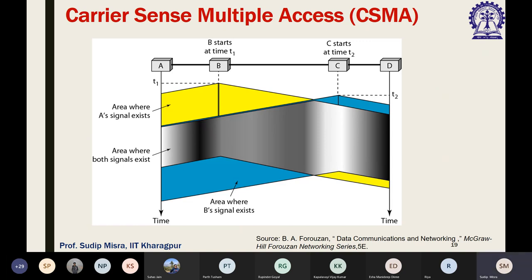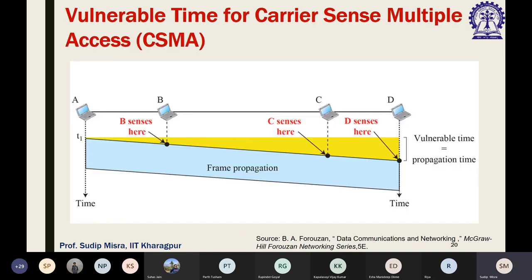So what is the vulnerable time? I told you that the vulnerable time for CSMA is basically the maximum propagation time. Why the maximum propagation time?